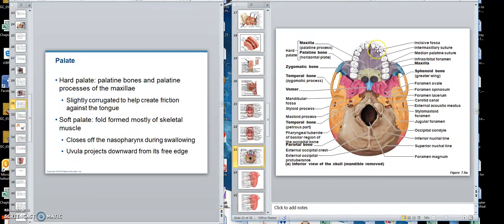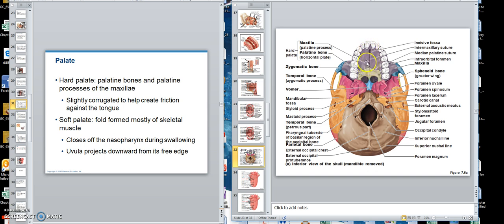Here I inserted the picture of the hard palate. See, this is the maxilla, and right there that anterior 2/3 is the palatine process of the maxilla, and here's that posterior 1/3. If this doesn't close, we have a cleft lip, cleft palate type of thing.